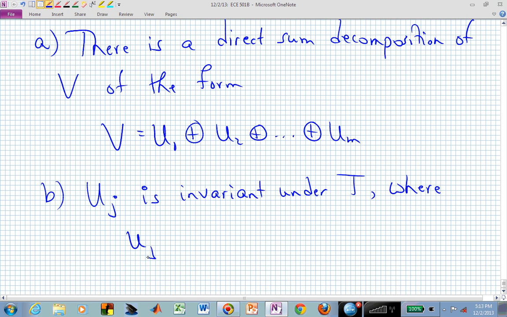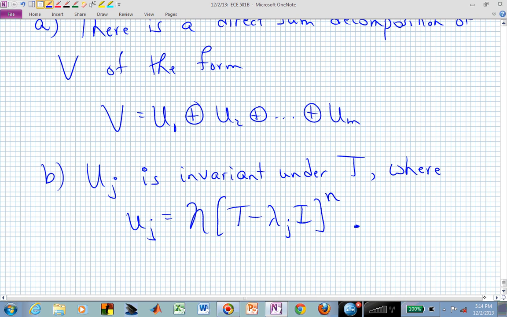Again, these U sub J's are just the null space of T minus lambda sub J I, where that needs to be taken up to n, if it needs to be, for the generalized eigenvectors.